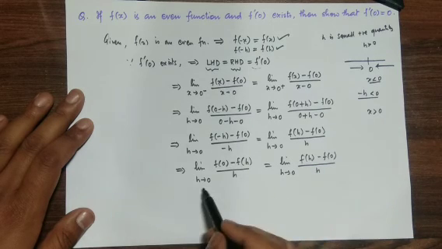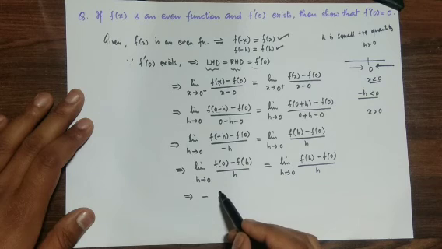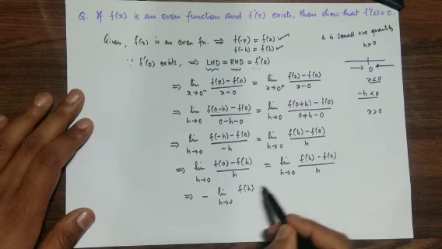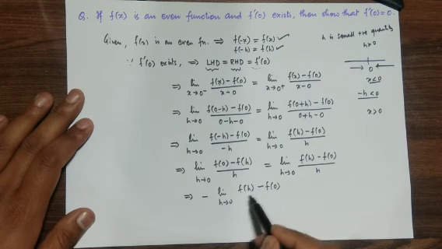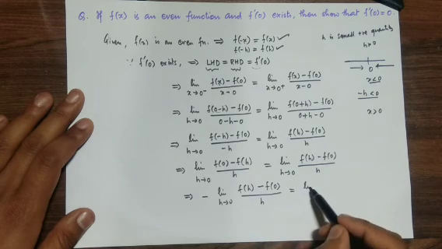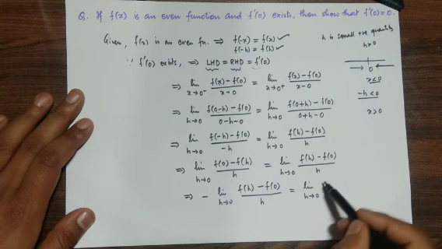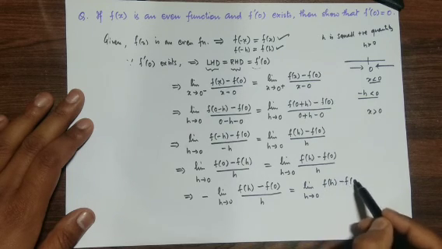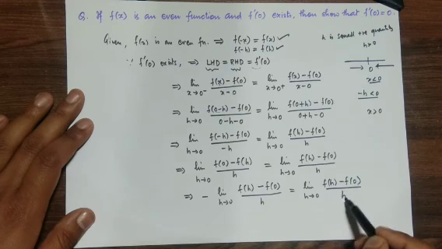Let me take minus common here. So if I take minus common, then I have limit h tends to 0 of f(h) minus f(0) by h. Yes or no? Okay, so we have limit h tends to 0 f(h) minus f(0) by h.